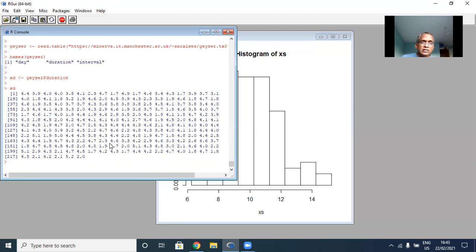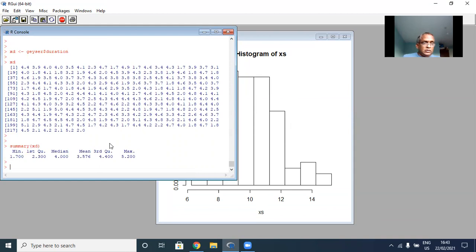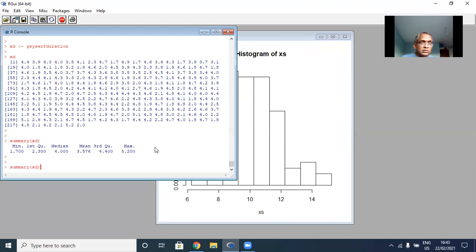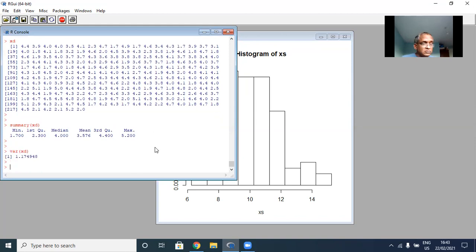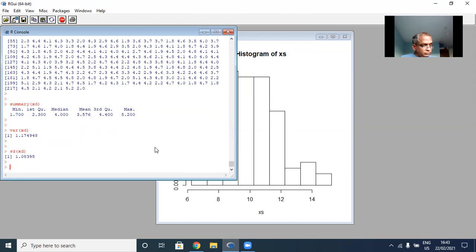So this is the data that we're interested in. So let's do a summary statistic. So summary of XT gives you the minimum duration, the first quartile, the median, the mean, the third quartile, and the maximum duration. VAR produces the variance. SD produces the standard deviation.